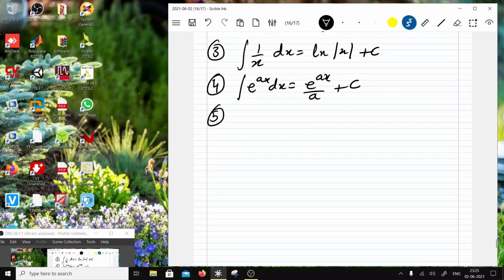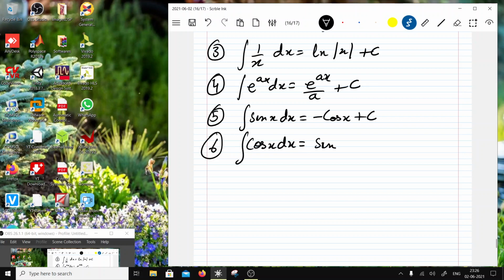Then if I have integral of sine of x dx, then it will be minus cos of x plus c. So this is from the differentiation, I'm just doing the inverse of that. Cos of x dx, that will be equal to sine of x plus c.